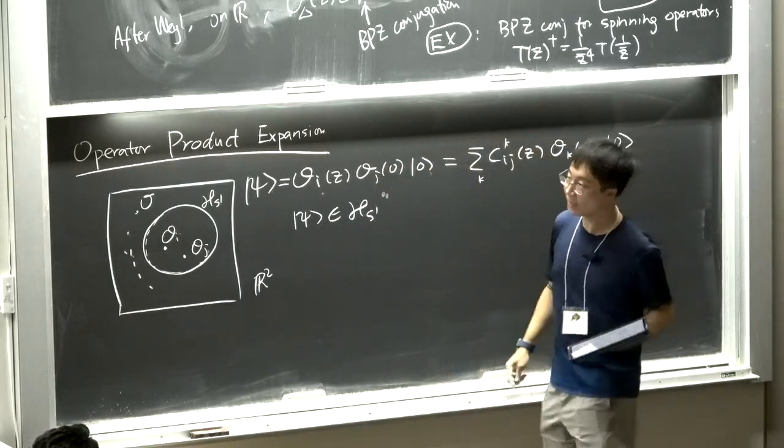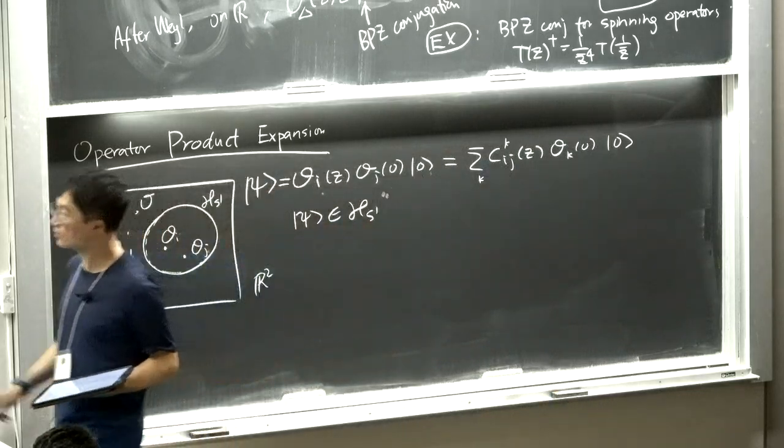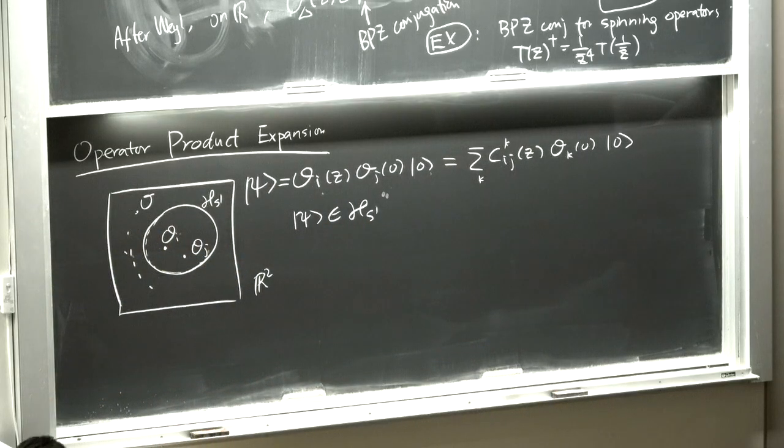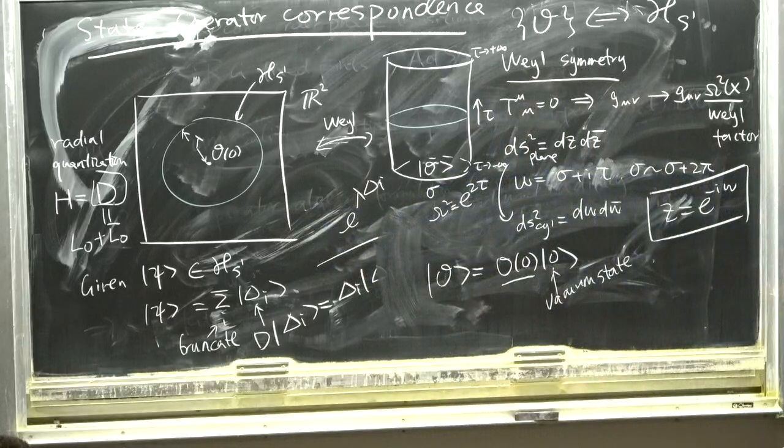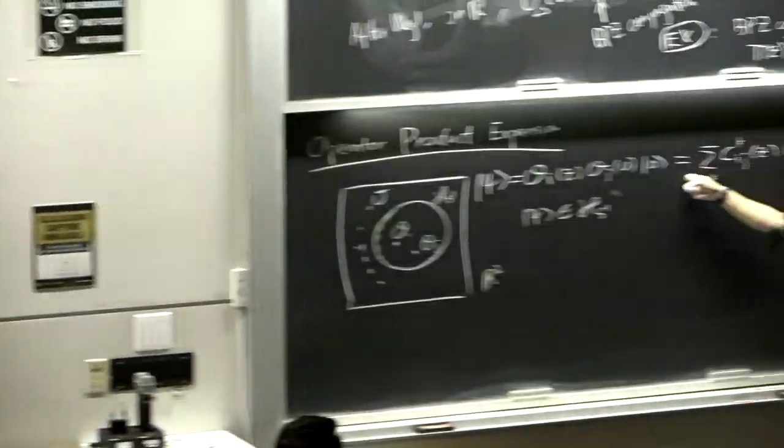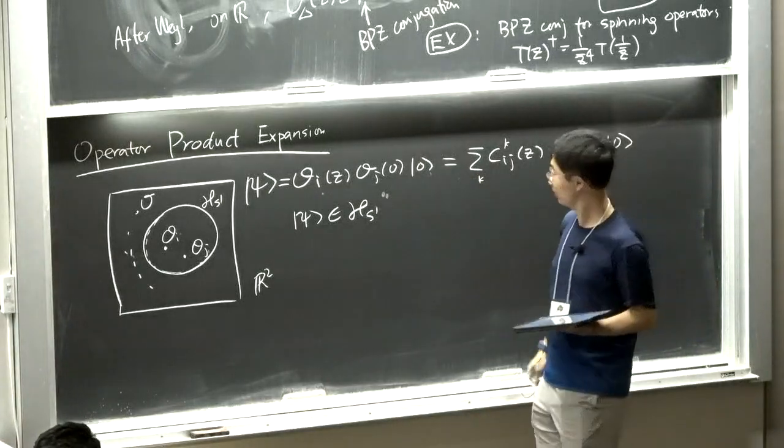And we just said that there's an operator state correspondence that says that any state, at least a dense subset of states in the superspace, can be constructed by linear combinations of states created by local operator insertions at the origin. And that's precisely what leads to the second equality.